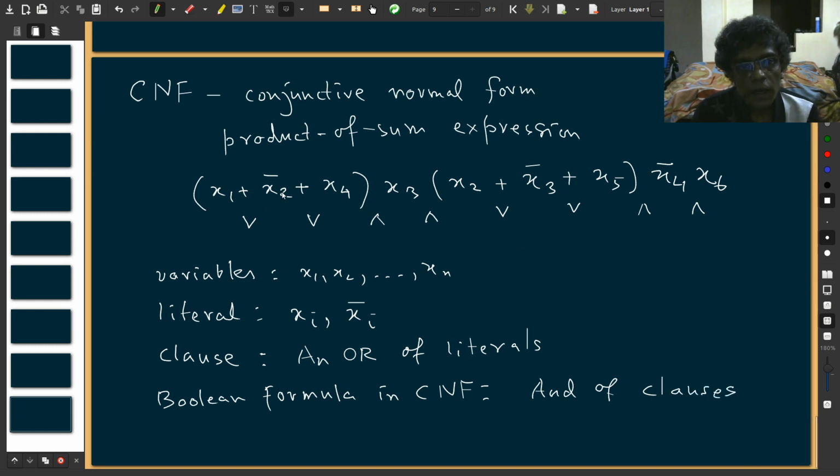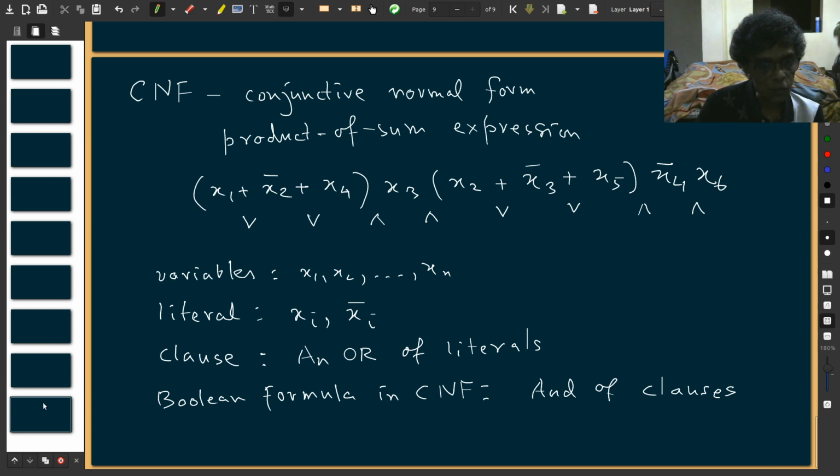So x1, x2 bar, x4, x3, these are all literals. x1 plus x2 bar plus x4 is a clause, x3 is a clause, x4 bar is a clause, x6 is a clause, x2 plus x3 bar plus x5, this is a clause. And this formula, which is an AND of these individual clauses, is a Boolean formula in the conjunctive normal form or the product of sums form.